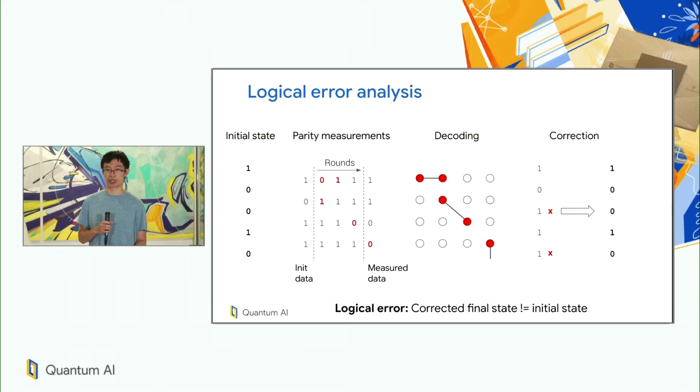Decoding tells us what corrections to apply, and in this particular example that I have here, the corrected final state of the data qubits equals the initial state, which means that we've successfully preserved this information in the data qubits. However, sometimes this process will fail. Perhaps there are too many errors for us to decode unambiguously into the errors that actually happened. In that case, the corrected final state will not equal the initial state, and we've incurred a logical error.